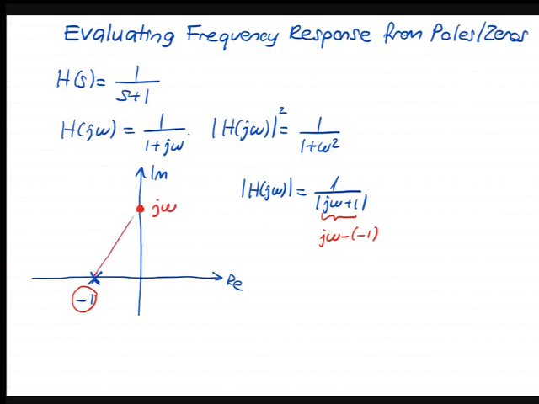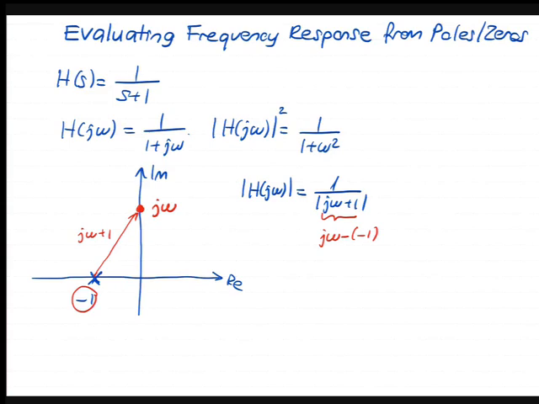You guys agree with this? Yes? So the magnitude of this vector is the magnitude of j omega plus 1, and H of j omega is 1 over that.